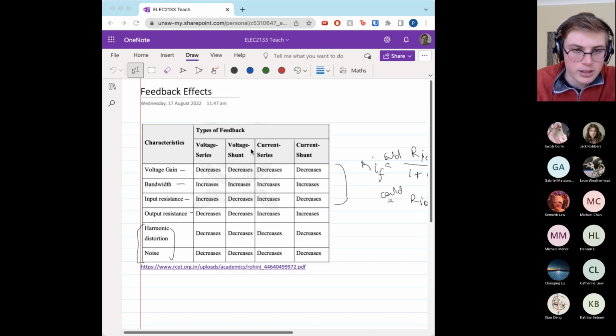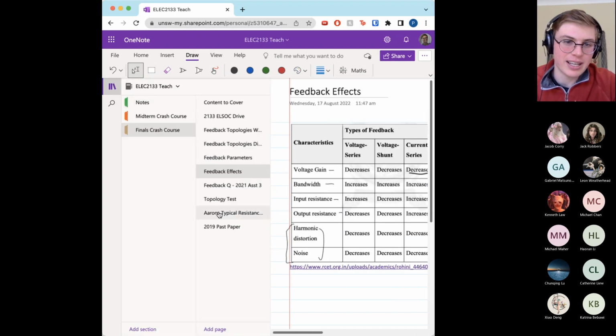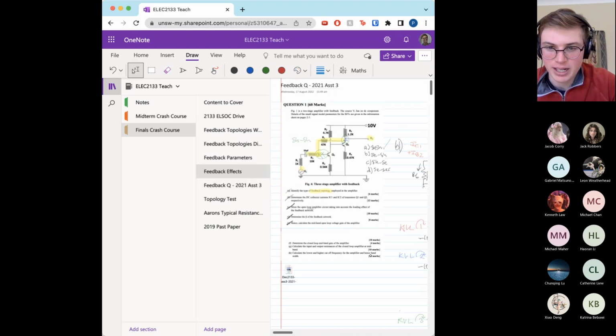This is a really bad table because it's not called shunt series or whatever. I'm going to say that if it's current, that means shunt. So my gain should decrease. What a decreasing gain means is that I'm dividing by that 1 plus A naught beta.